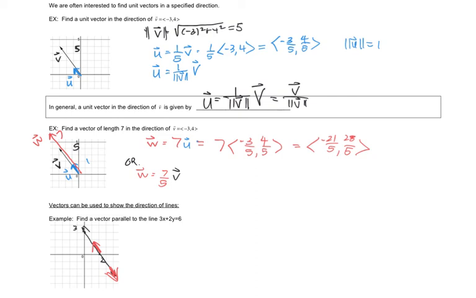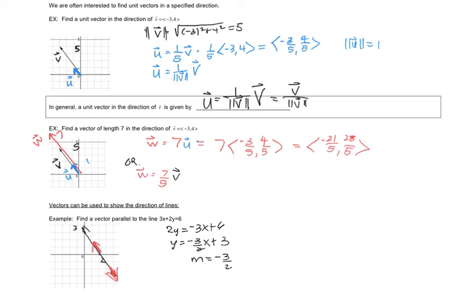This is done often as we go on as well. And the way that we can do that is use the idea of slope. If I find the slope of this line, the slope of this line is negative 3/2. And remember what that means.